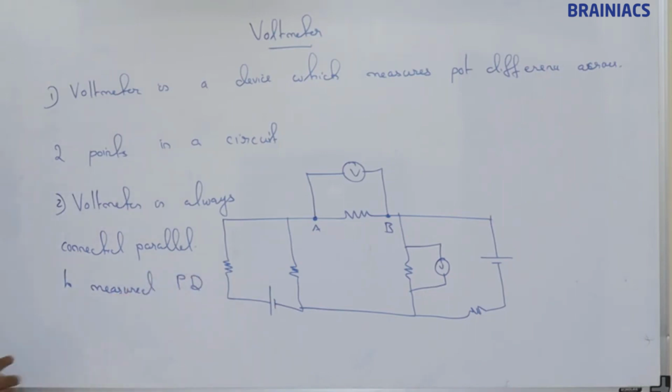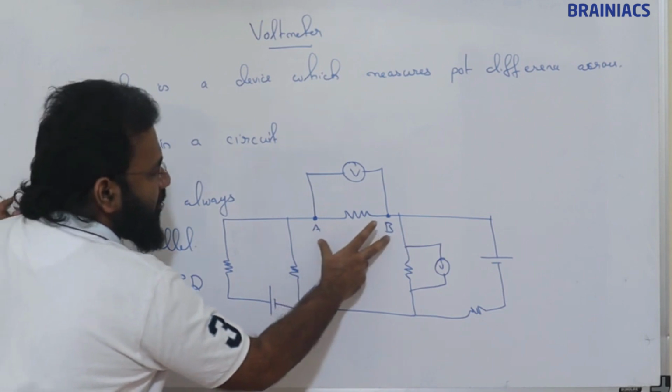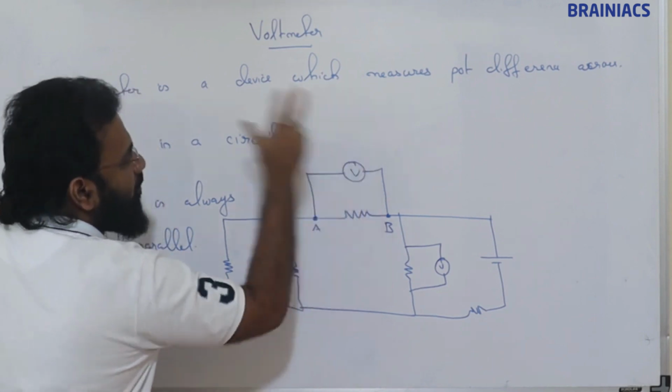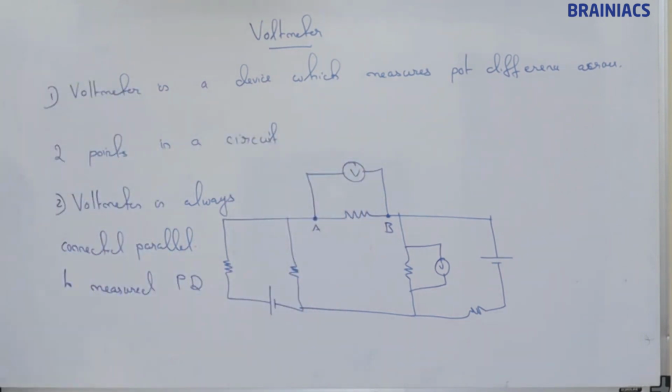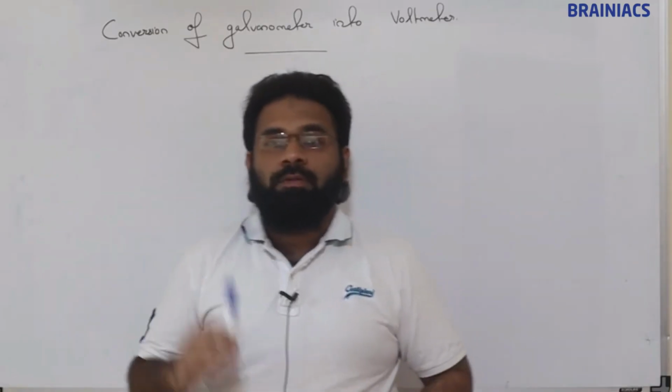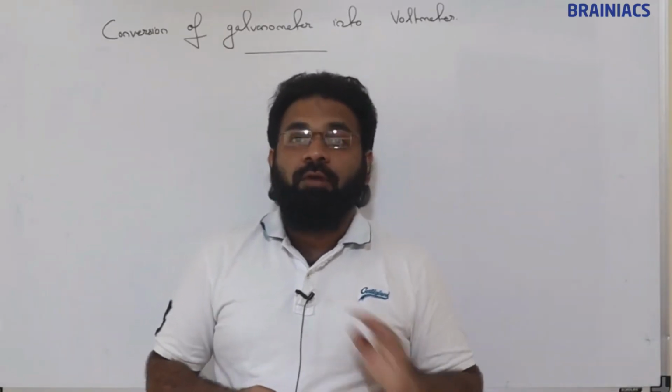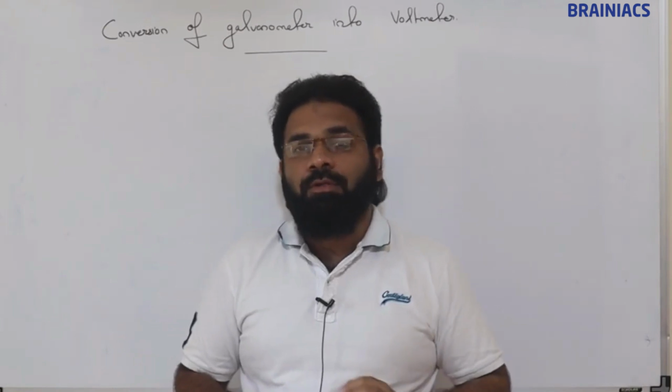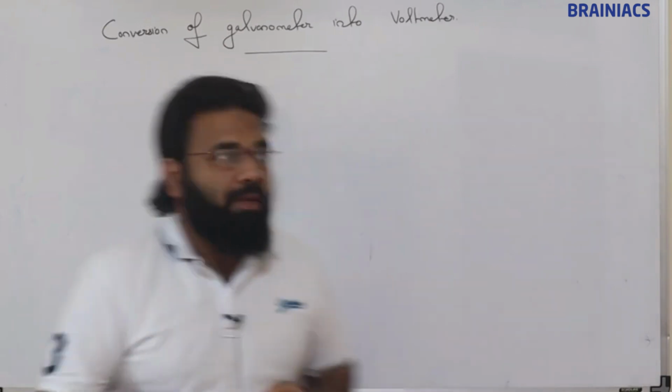No other go, because potential difference is measured across 2 points, so we will have to connect it parallelly. Clear? Students, we will see now the conversion of galvanometer into voltmeter.